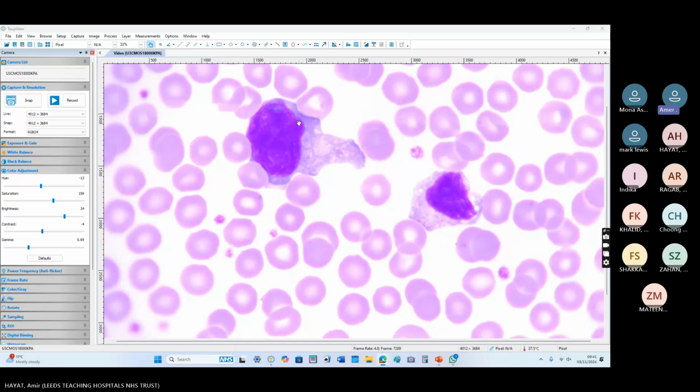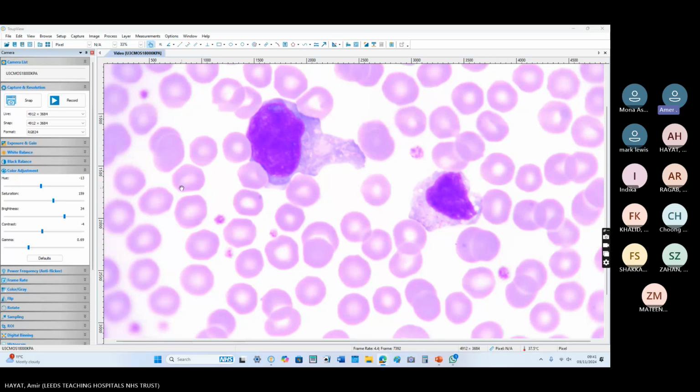This is called scalloping. This is red cell scalloping by lymphocyte. There is no prominent nucleoli. They have a lot of cytoplasm. It is basophilic type. These are reactive lymphocytes.